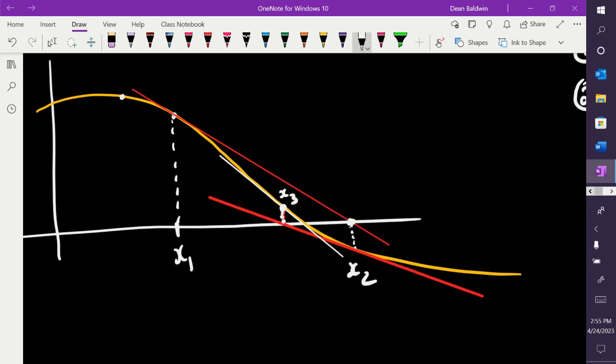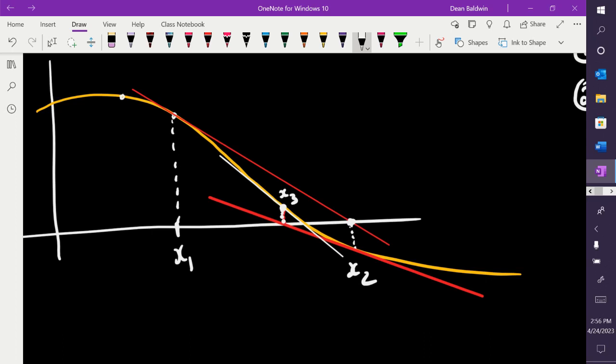Where's the x-intercept of this tangent line? It's at the x-intercept of the original graph. Okay? So my goal was to find the x-intercept.